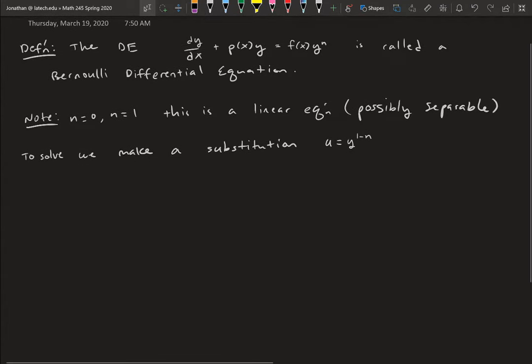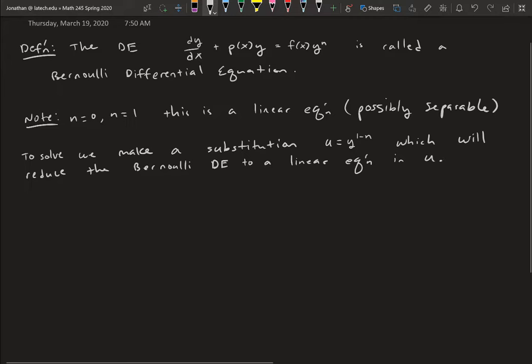If we make this substitution, it will reduce the Bernoulli differential equation to a linear equation in u.